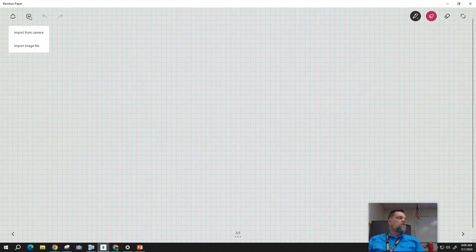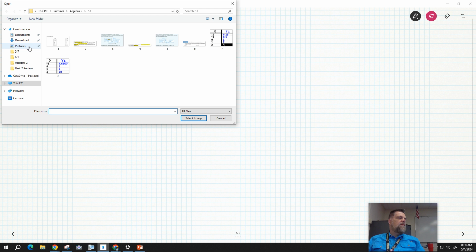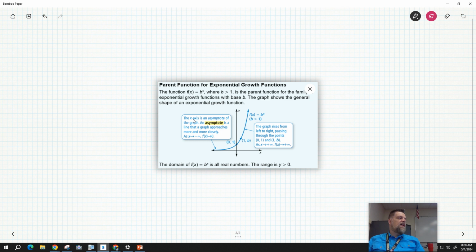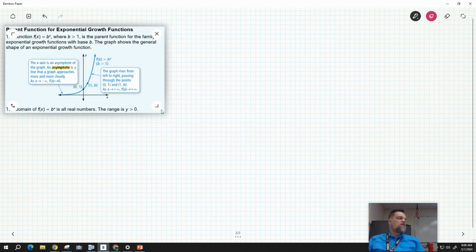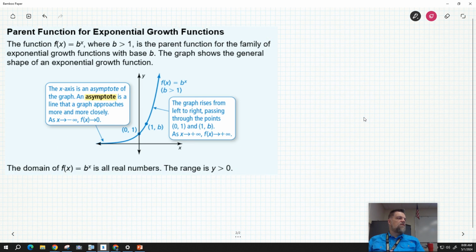All right, so then what does that mean? Well, let's look at it, okay? And so I want you to sketch this out real quick. Now, you don't have to write it verbatim, but the parent function, and we've talked about parent functions a lot, is the simplest, most basic version of the function, right? Just the base function, right?